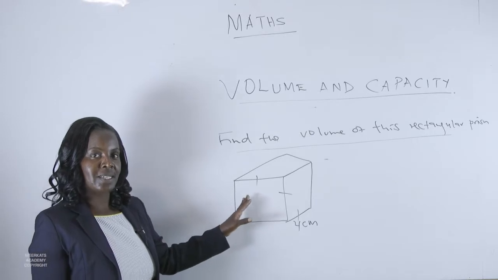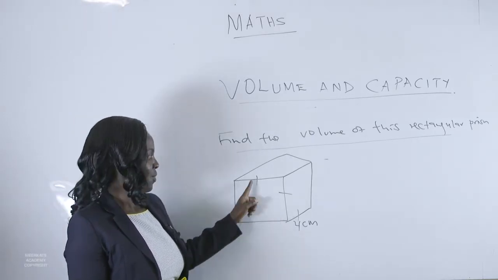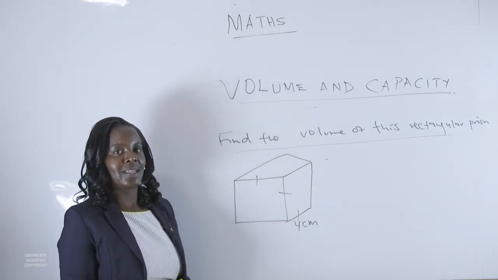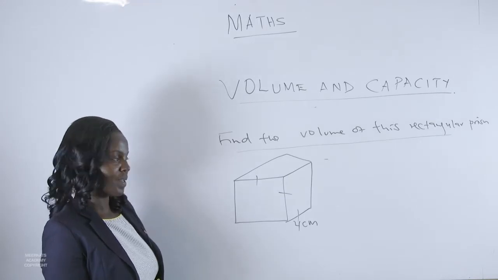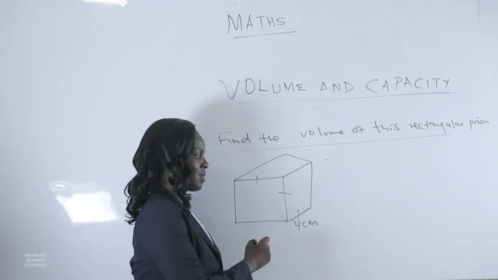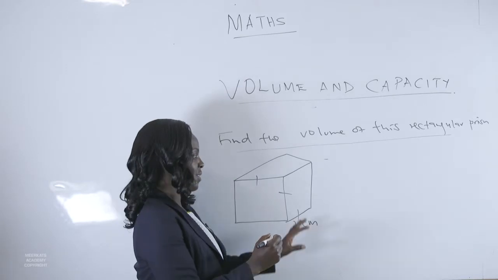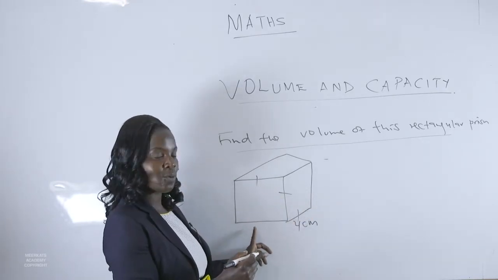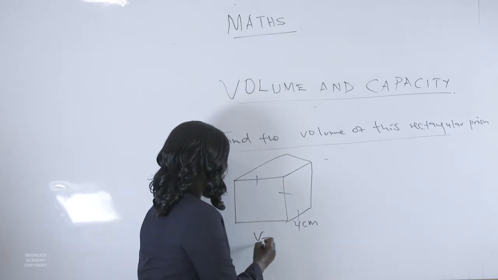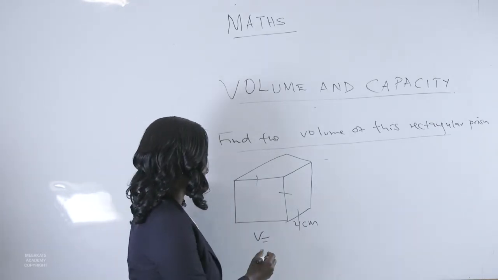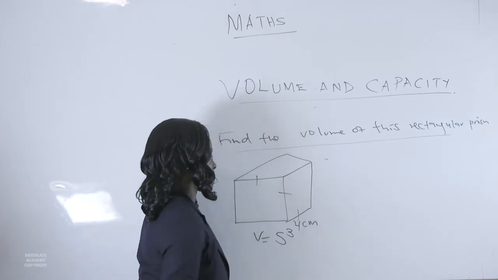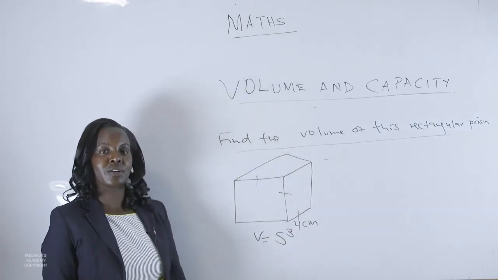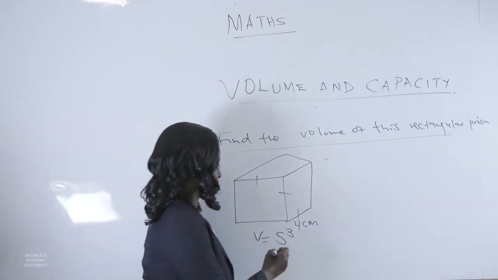Which type of prism is this? You realize that all sides are equal. That means it is a cube. A cube has all the faces equal and all the sides equal. So how do you find the volume of a cube? We say side cubed or length cubed.